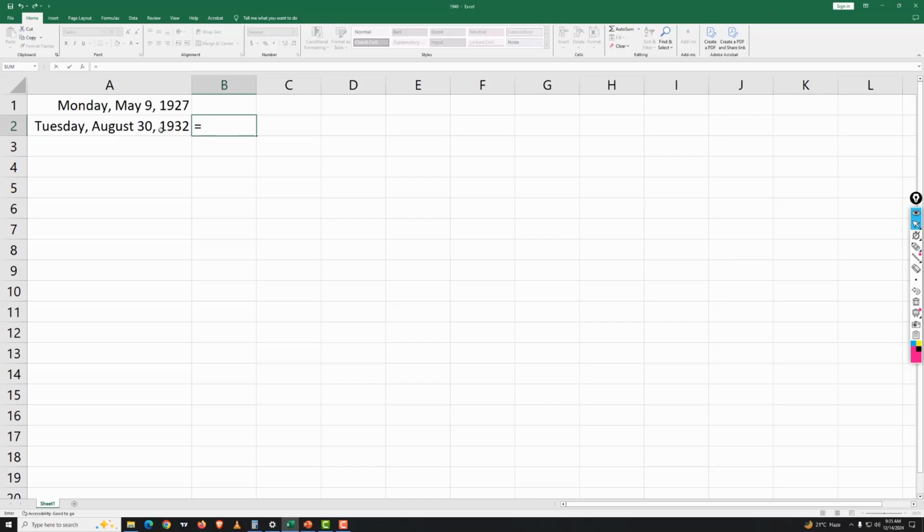Now let's subtract 9th May 1927 from 30th August 1932. You see, it's 1940. It's actually the number of days between the signing date and the last date of the book.